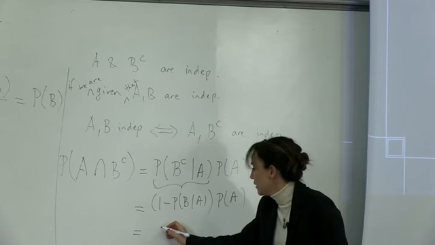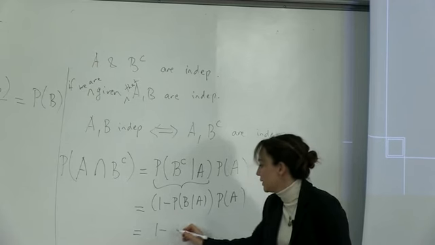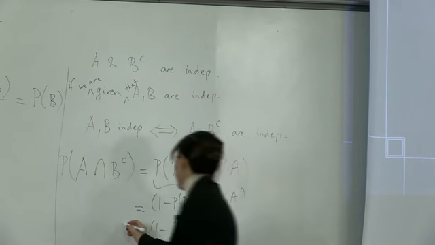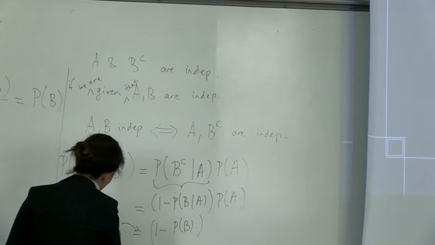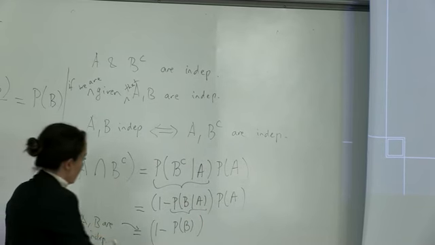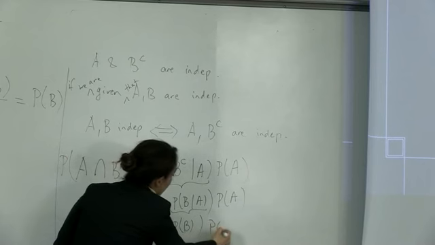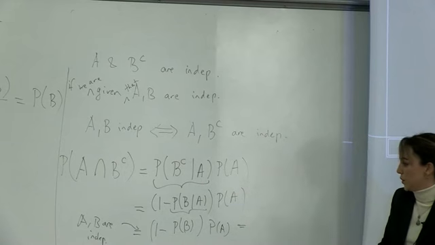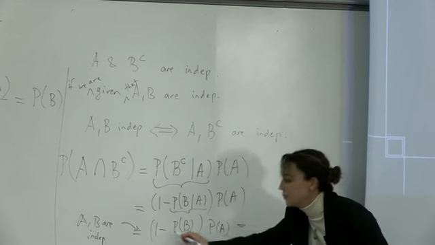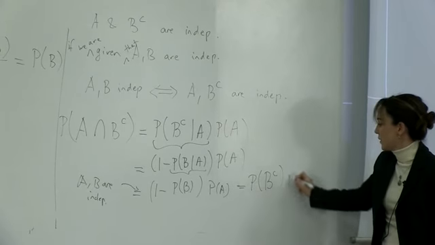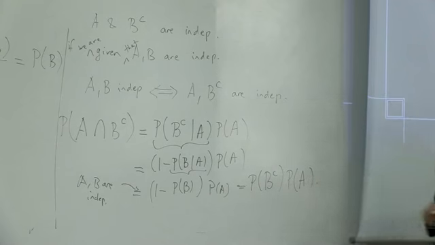This is 1 minus P of B, because A and B are independent, and the probability of B given A is nothing but P of B. So if you multiply out, well, 1 minus the probability of B is the probability of B complement. So we are done.